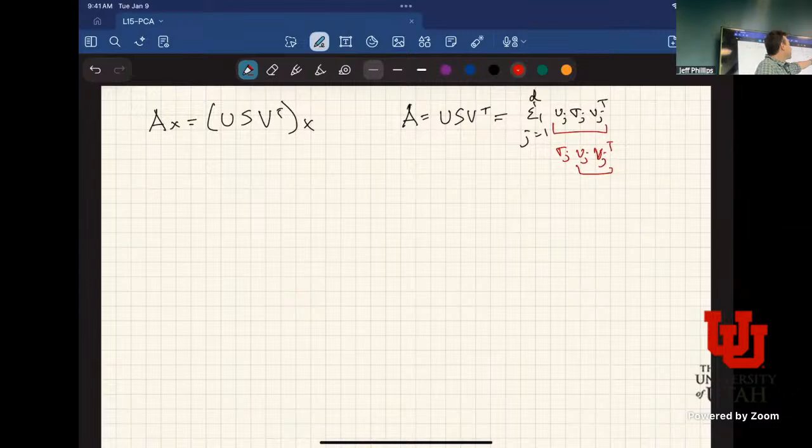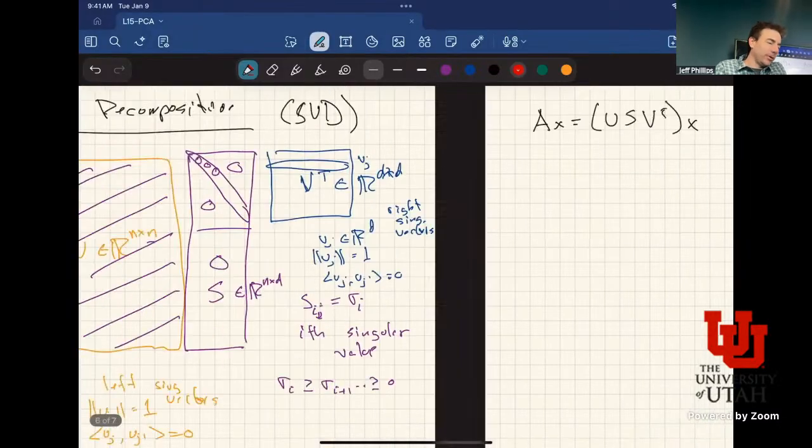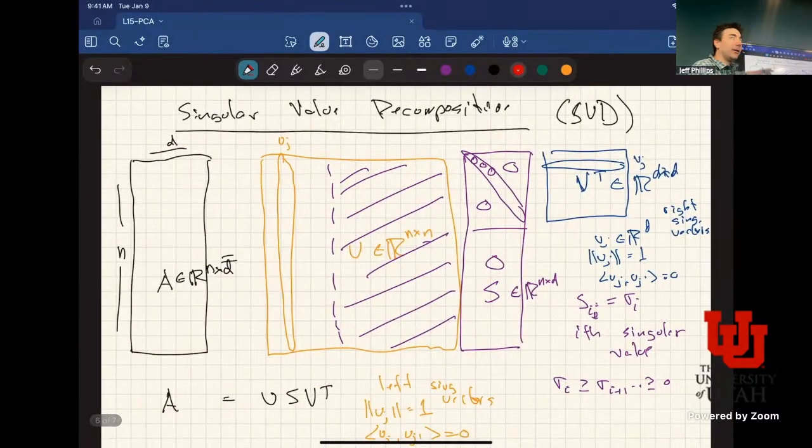Usually when I multiply vectors together, I'm taking a dot product, right? Is that what's happening here? It's not a dot product. Why can't it be a dot product? What's the dimension of u_j? Remember, it's n. What's the dimension of v_j transpose? It's d.